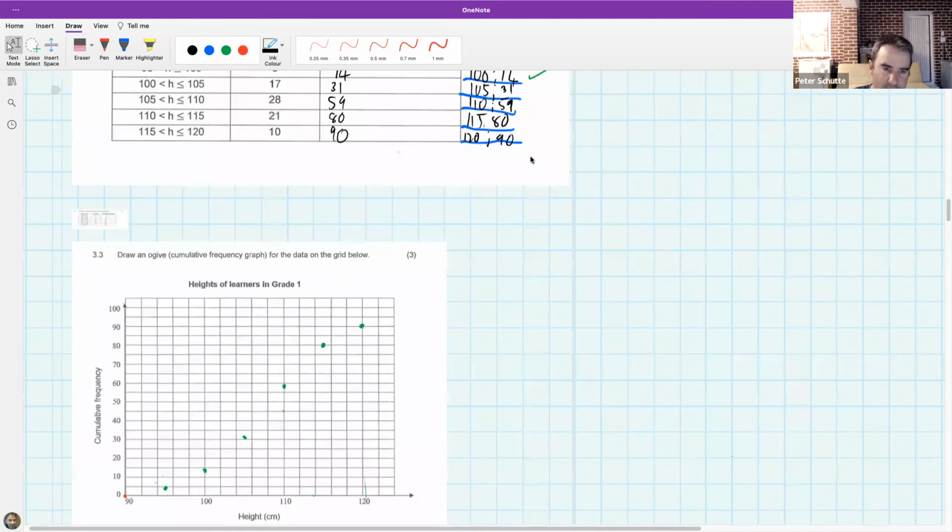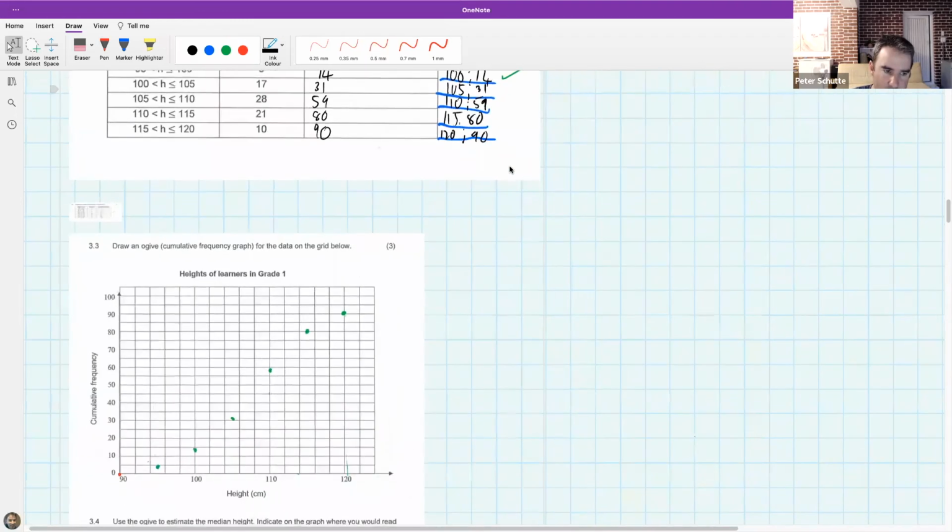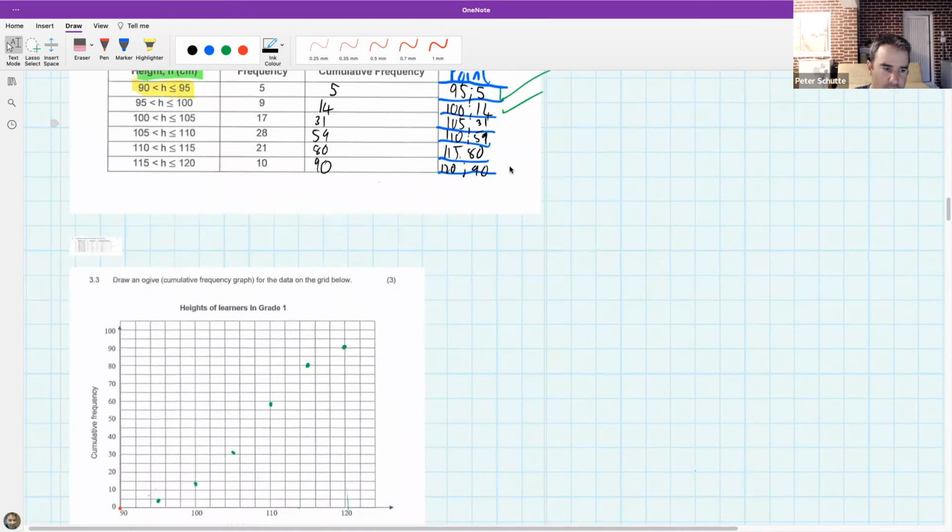I've put all my points there, but there's still a final step I need to do. I've got 6 points and I have to join them up. So how do I draw this ogive? It's a curved line and it should look something like that.